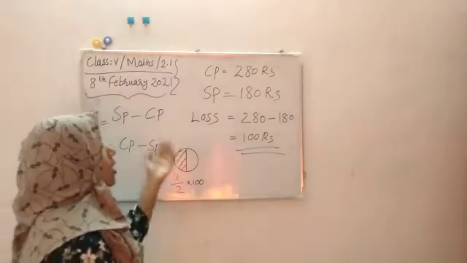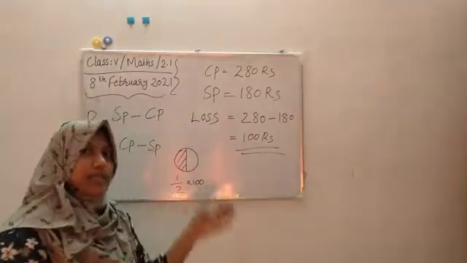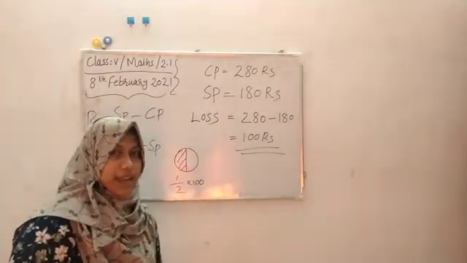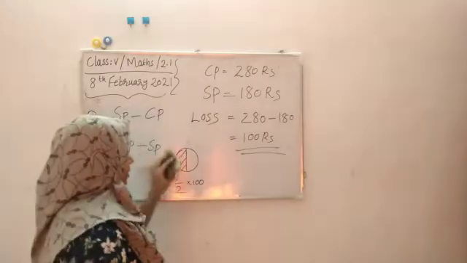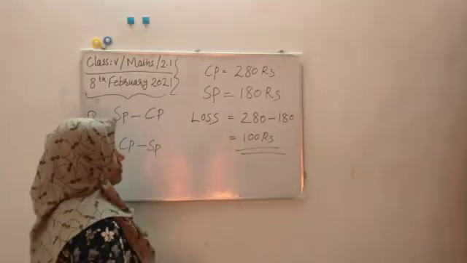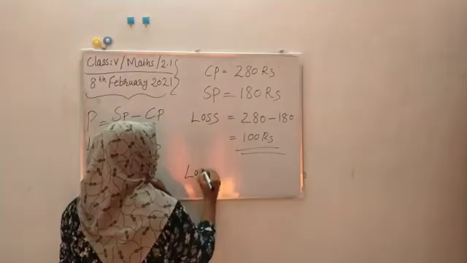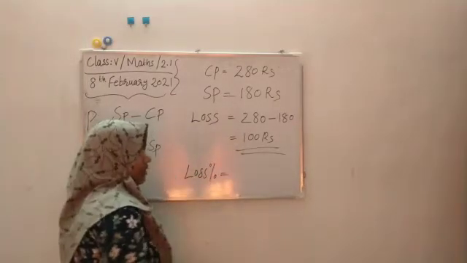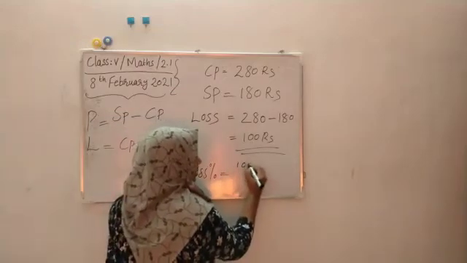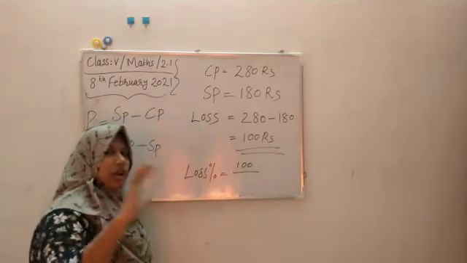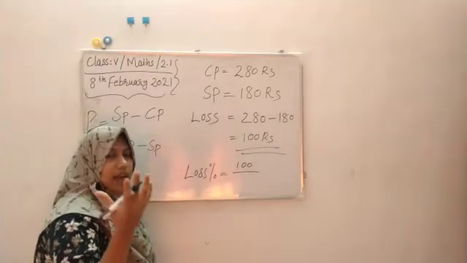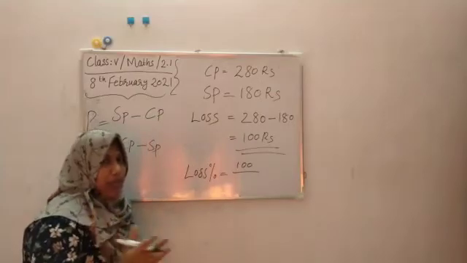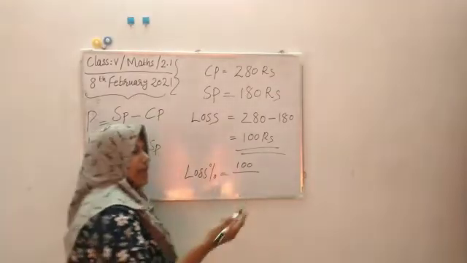Is it? So, we can also express the loss and profit in terms of percentage. Have a look. Here we have loss percentage equal to loss by CP, into 100. You know the total amount, that is, the loss occurred is according to the CP. CP is the total amount.